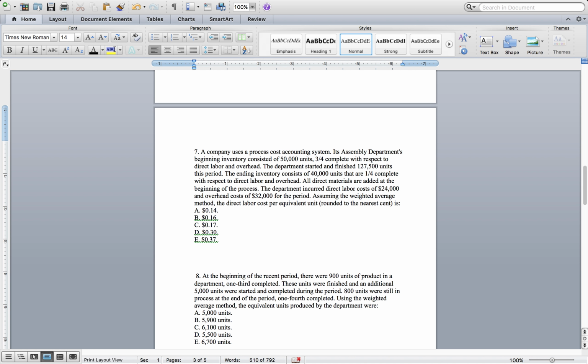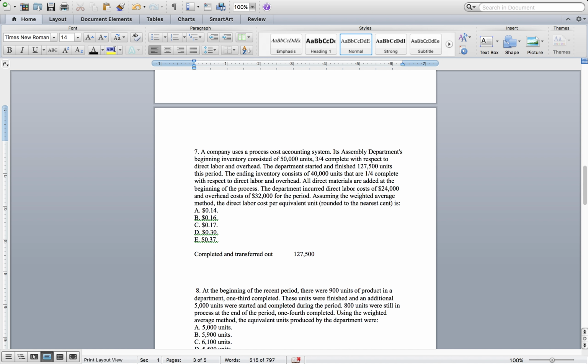Again, the first thing we're going to calculate is how much is completed and transferred out. Remember, that's given to us. That's 127,500. Then you want to calculate the ending goods in process. You take the 40,000 and multiply by 1/4.